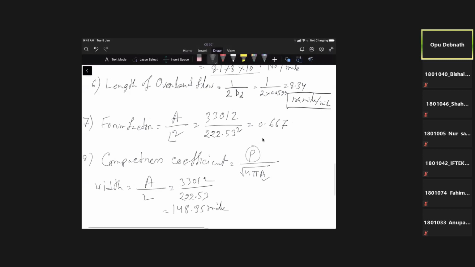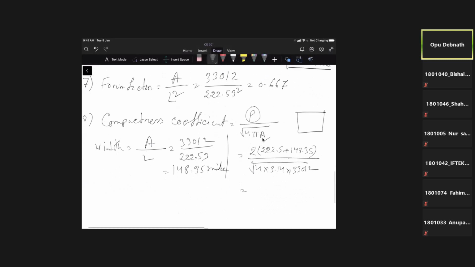Now that you have this value, calculate the perimeter. As it is an equivalent rectangle, the perimeter will be 2 multiplied by length plus width, divided by root over of 4 multiplied by 3.14 multiplied by 33012.